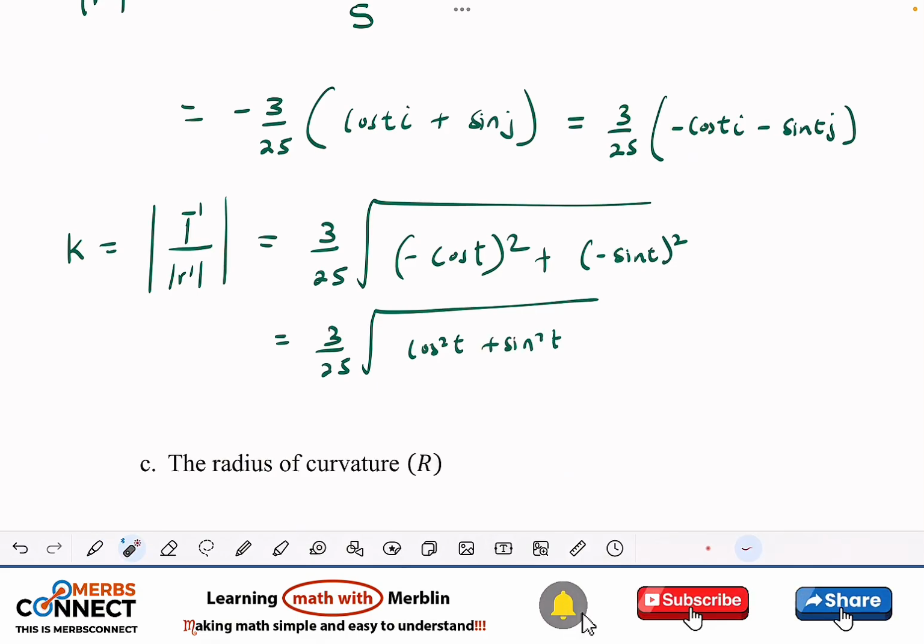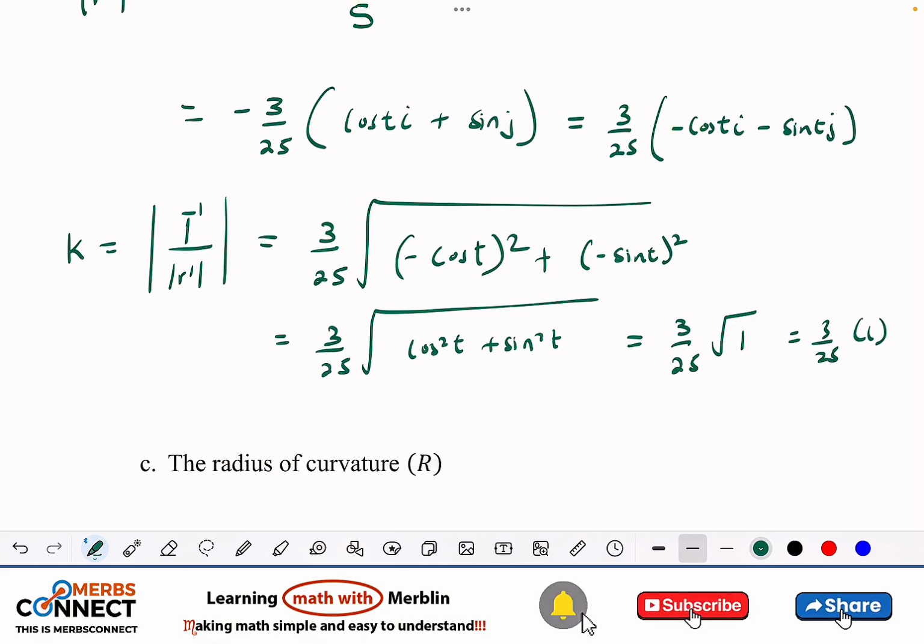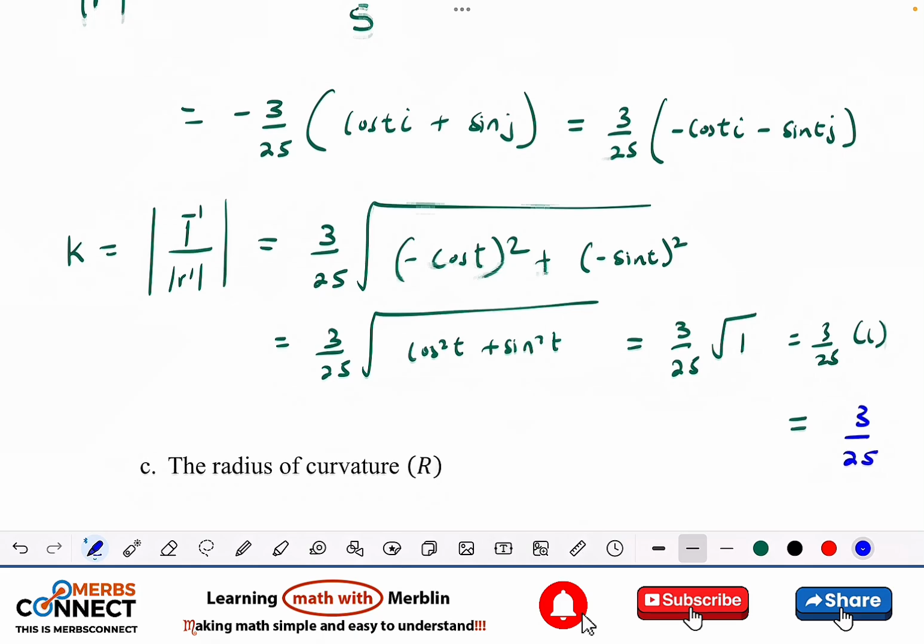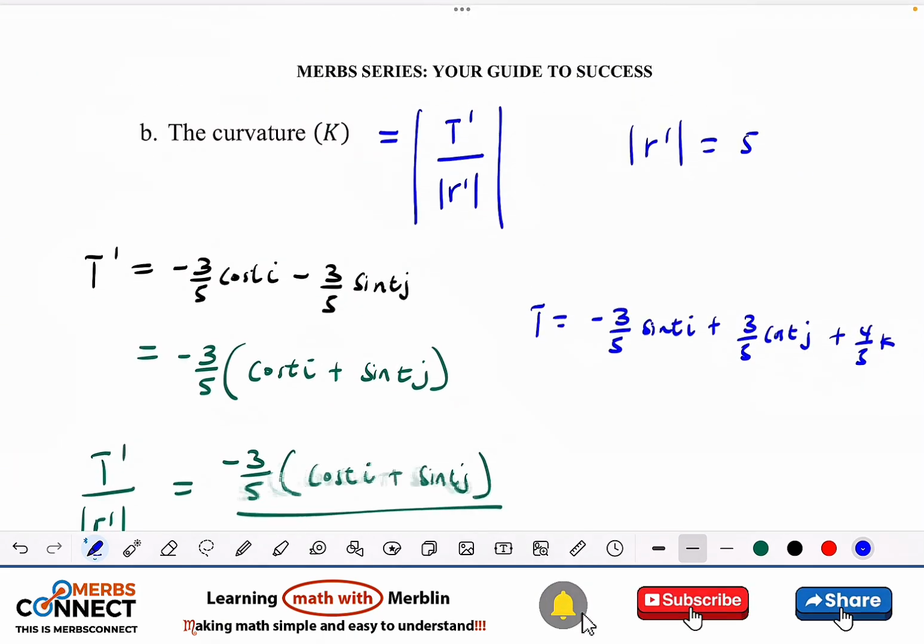As I said, you will be seeing this a lot when you are dealing with sine and cos. And this is 3 over 25 square root of 1, which is 3 over 25 times 1, and this is going to give us 3 over 25. So this is the curvature.